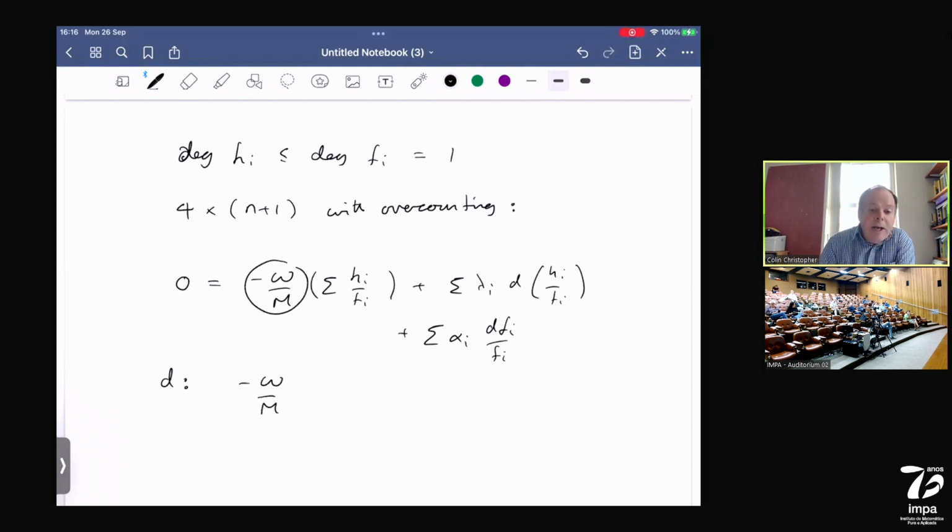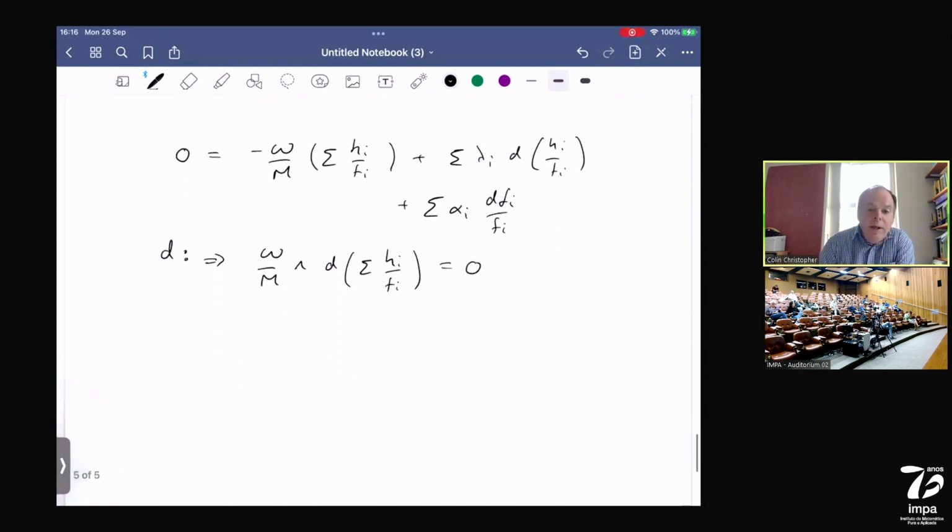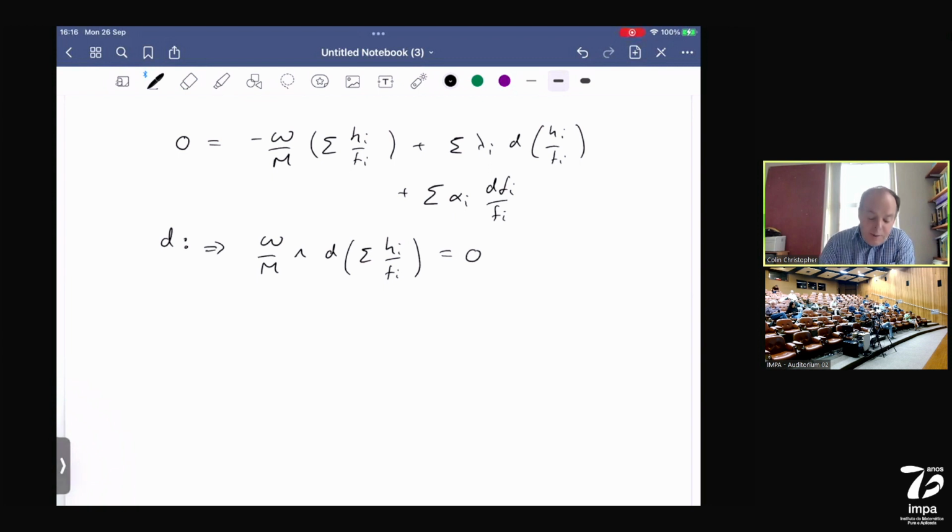D of omega over m is 0. So what we end up with is omega over m wedged with d of the sum of hi over fi. But this is actually not possible, because this system has a Darboux first integral with irrational exponents, whereas this one here would imply that we have a rational first integral.